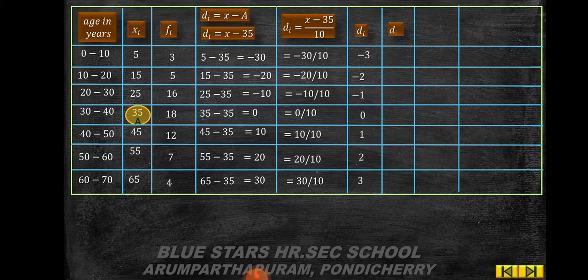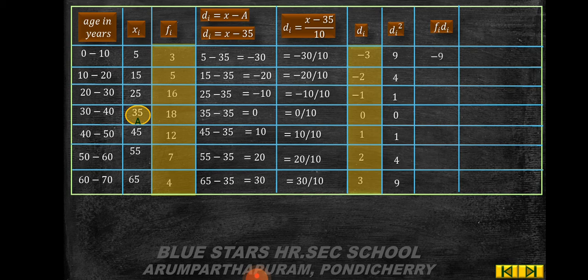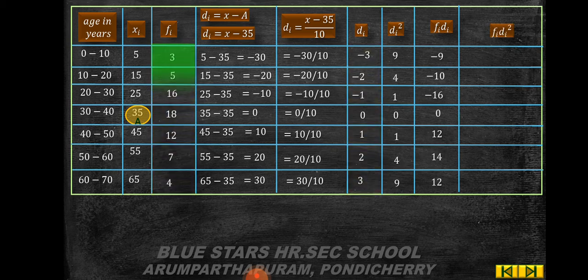Next, you have to find di square. So 9, 4, 1, 0, 1, 4, 9. Then Fi into di: minus 9, minus 10, minus 16, 0, 12, 14, 12. Next, you have to find Fi di square. So Fi di square is 27, 20, 16, 0, 12, 28, 36.